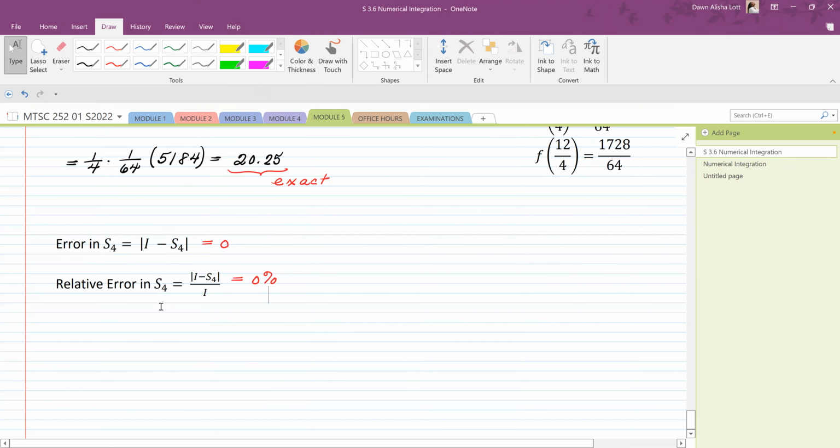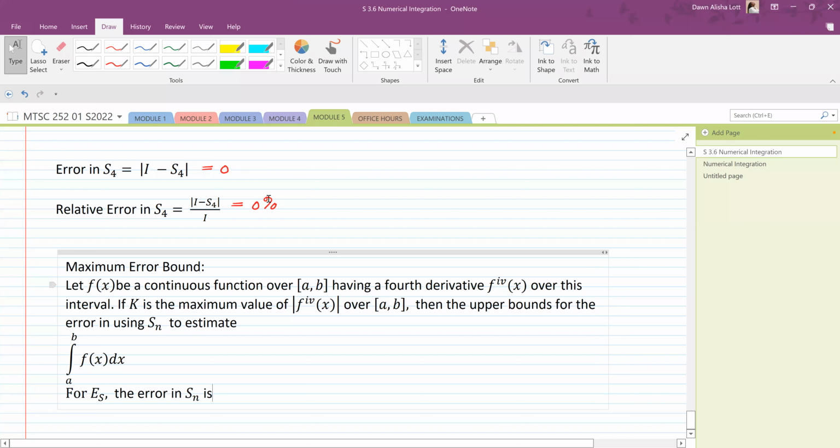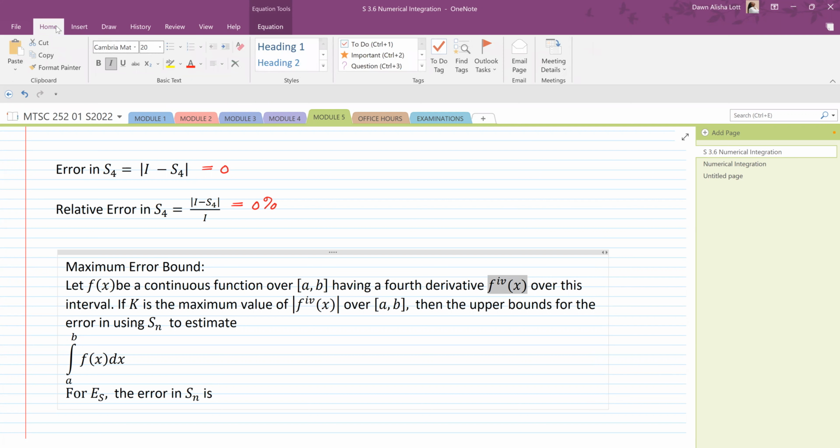Okay, so we have a maximum error bound for this. But this one depends on the fourth derivative. So for this one, k is the fourth derivative.